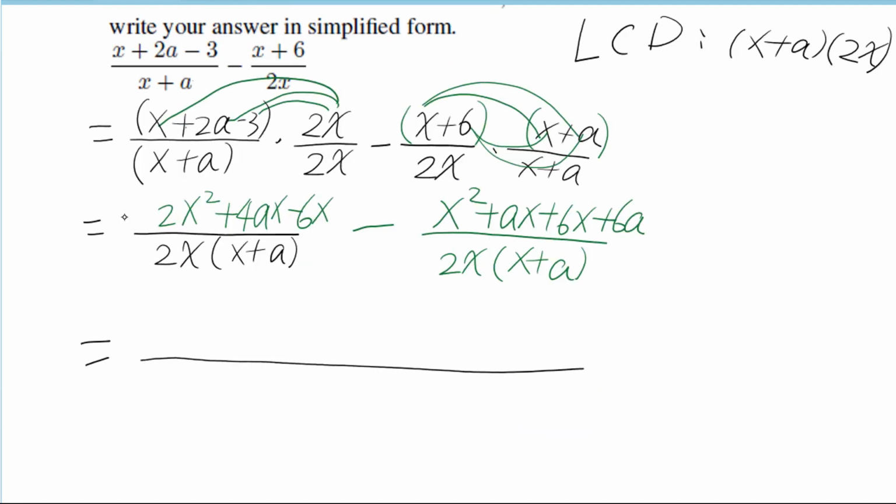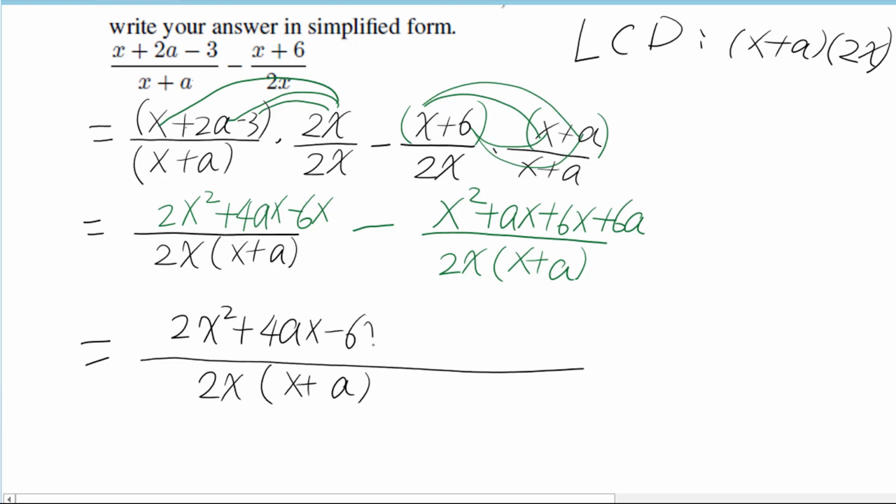Since we got the same denominator, we can put these two rational expressions together. So you have 2x times x plus a as a denominator. We have 2x squared plus 4ax minus 6x. Pay more attention to here, you have a negative sign.